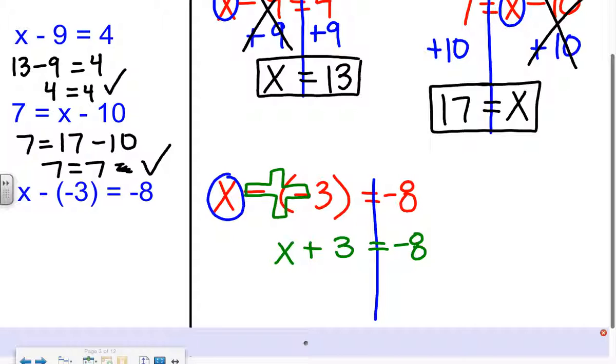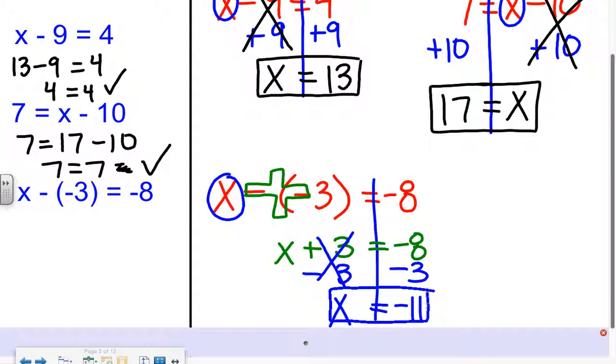And now I have to subtract 3 on both sides. Negative 8 and a negative 3: if you add two negatives together, it makes a bigger negative. So I have negative 11.